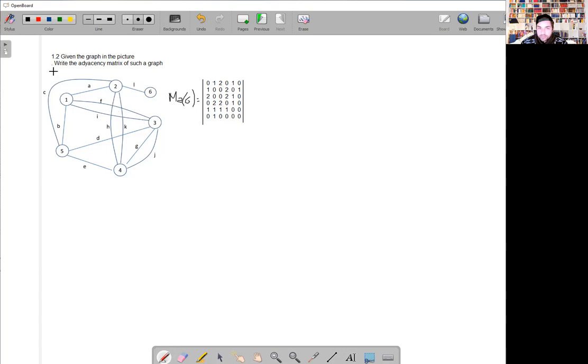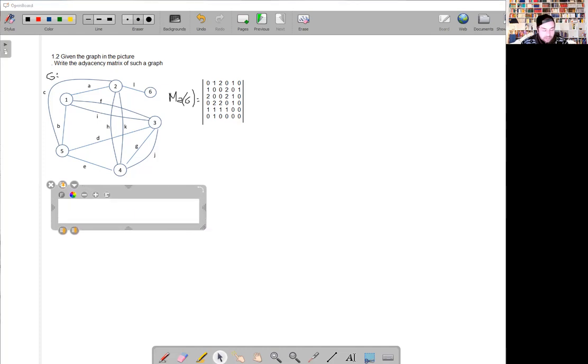Of the graph G. Okay, and now the second question is this one, right?